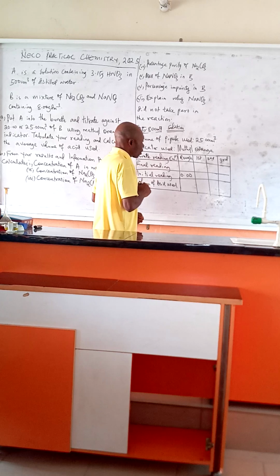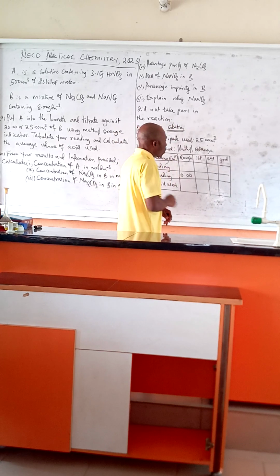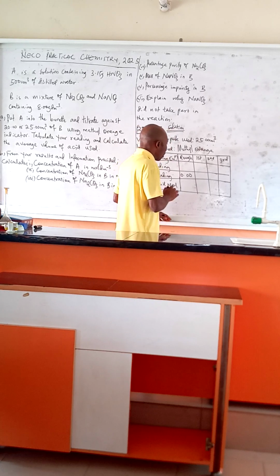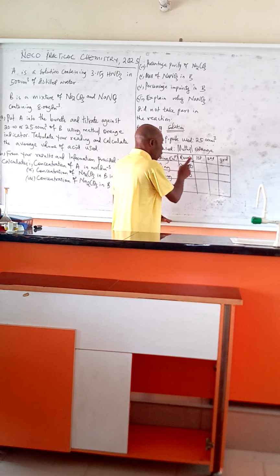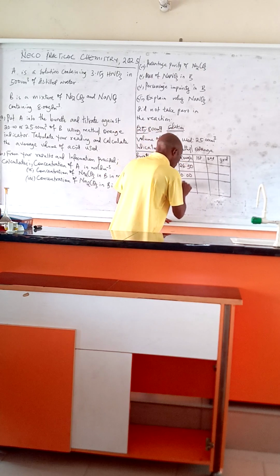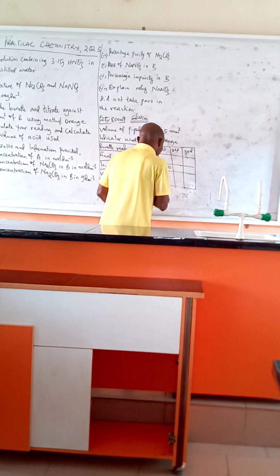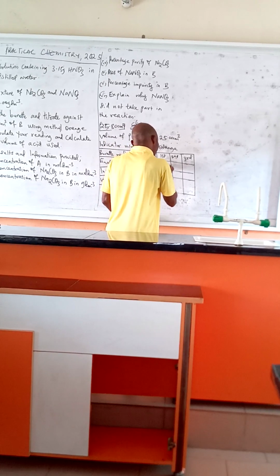In our first titration, because the apparatus are not adapted to the titration, we could have a rough reading of 26.50. And 26.50 minus 0.00 will still give us 26.50. Then we refill to 0.00 again, and we have 25.80.